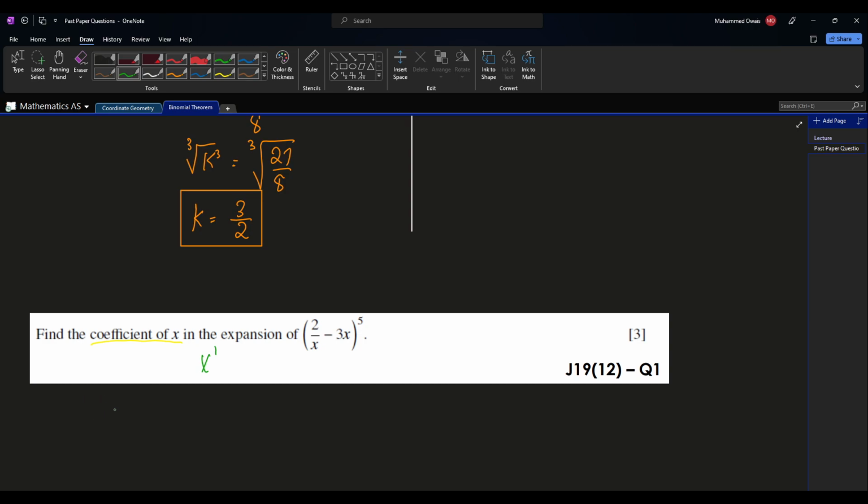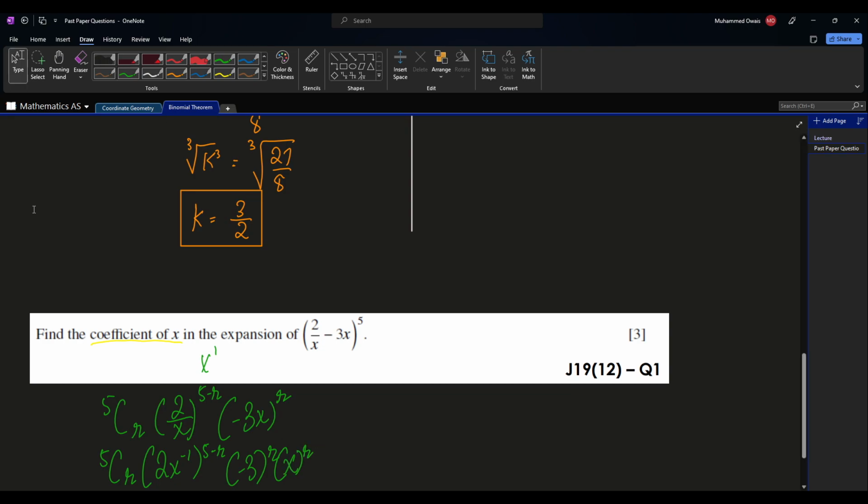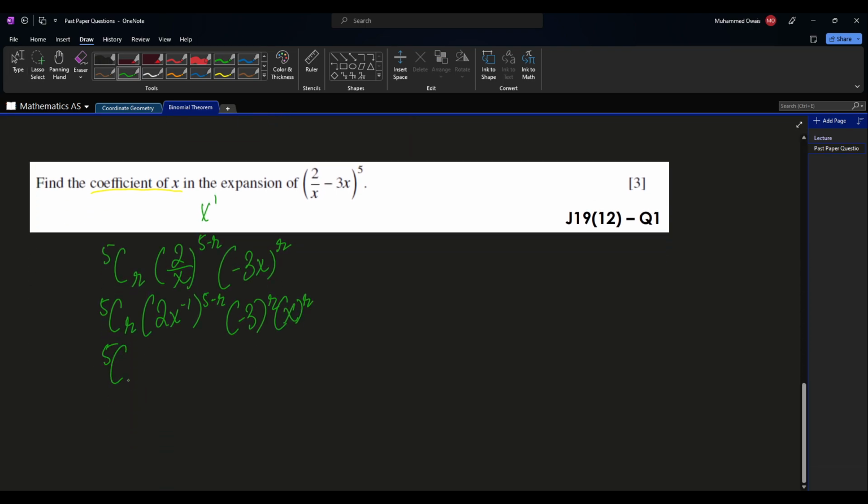However, this time I'm not going to write this because it is a bit tedious to write it again and again. So, 5CR into A is 2 over x, 5 minus r into minus 3x, and this becomes r. 5cr into 2 x minus 1, 5 minus r into minus 3 whole power r, x whole power r. 5cr remains as is, and now 2 has a power of 5 minus r, and x has a power of minus 5 plus r because powers multiply with each other.